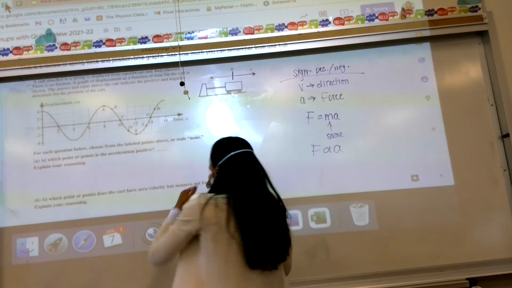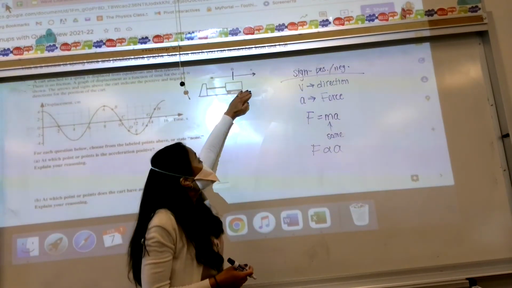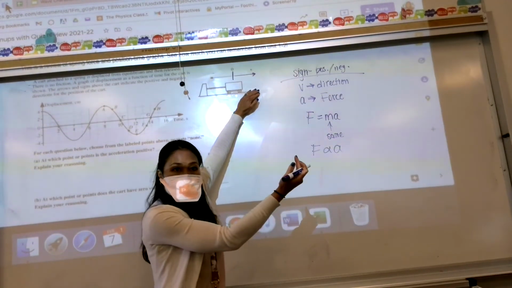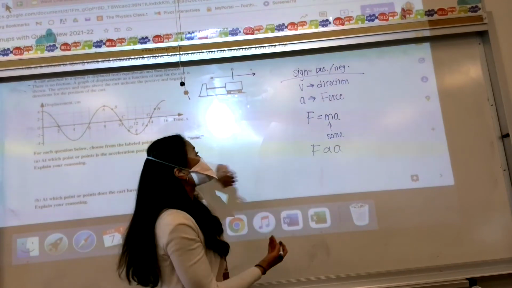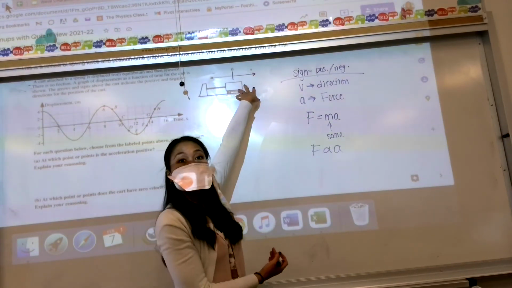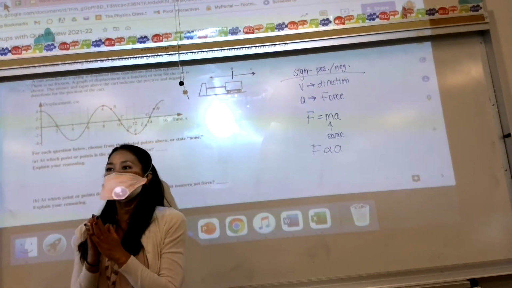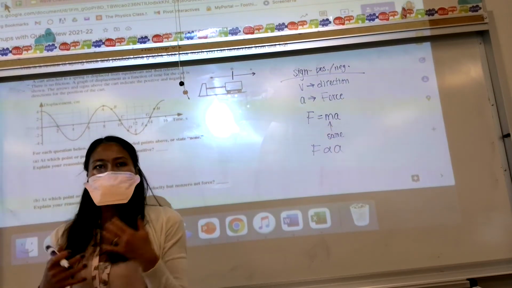Why would that be? Because as the card is moving forward in the positive direction, it is slowing down. And that slowing down in the positive direction gives you a negative acceleration value. So I don't want you to think of acceleration as a change in velocity when you're thinking about direction.